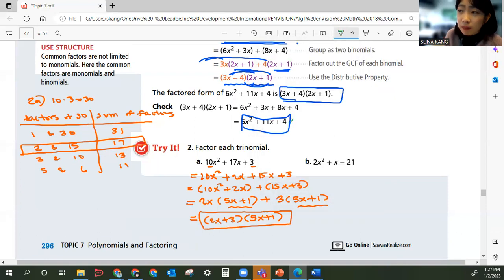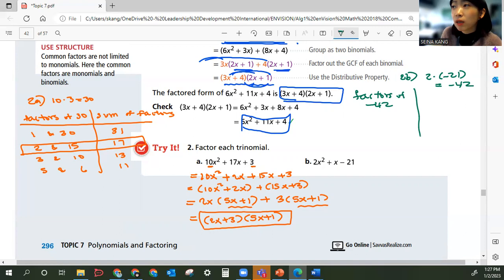All right, let's look at part B. You have 2x squared plus x minus 21. So what is your first step? First, you need to look at the product of 2 and negative 21, right? So 2B. 2 times negative 21 is negative 42. So look at factors of negative 42, and then you're going to look at their sums, okay?